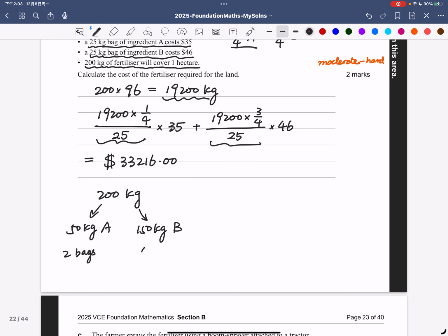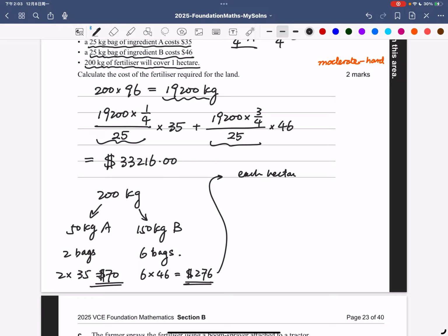B needs 6 bags, I would say. So 2 times $35, that's $70. And 6 times 46 will give you $276. And sum them up.